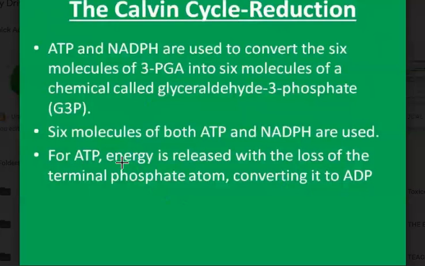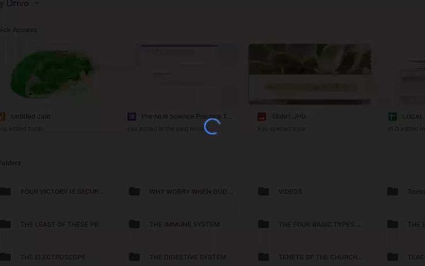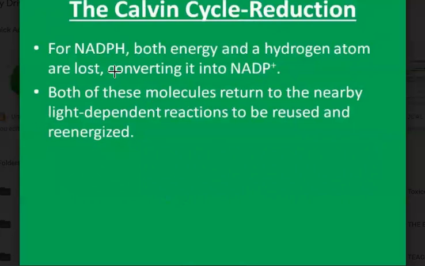For ATP, energy is released with the loss of the terminal phosphate atom, converting it to ADP. For NADPH, both energy and a hydrogen atom are lost, converting it to NADP+. Both of these molecules return to the nearby light-dependent reactions to be reused and re-energized. So it's a cycle.